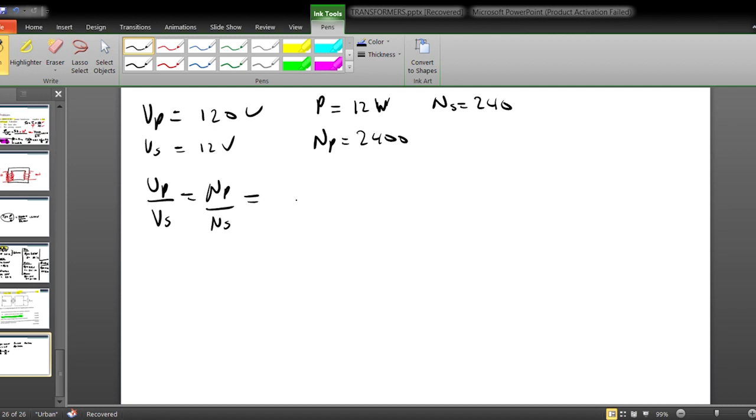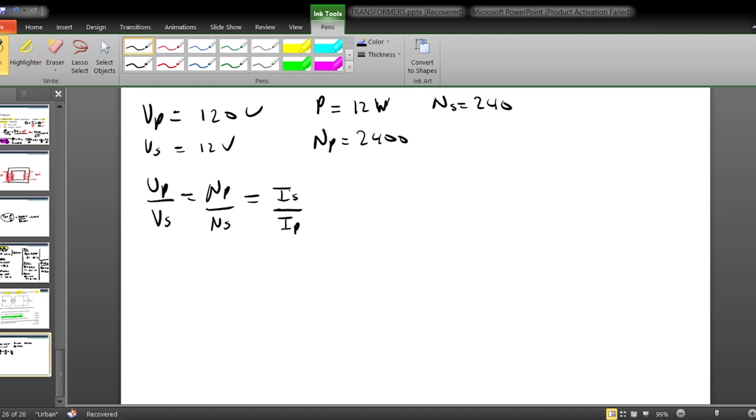And it's further equal to IS, and watch this now, the S for the secondary current goes on the top, and it's divided by IP. Now, to make a calculation, you will need either NP over NS equals to IS over IP, or VP over VS equals to IS over IP.